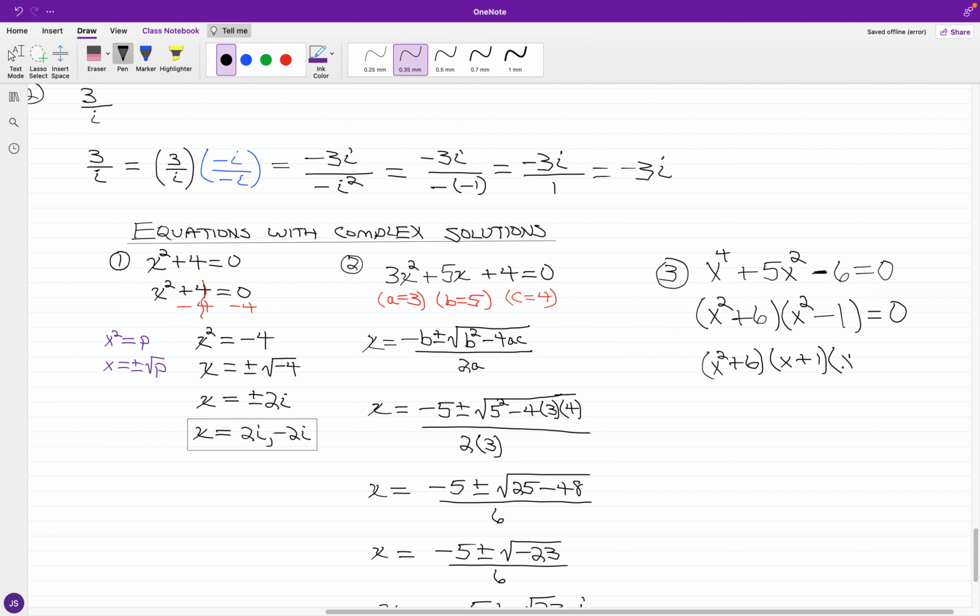And we have with the zero product property, say if I have x squared plus 6 equal to 0, and I take 6 away from both sides, I'm going to have that x squared is equal to negative 6. And with the square root property of equalities, I have x equal to plus or minus the square root of negative 6.